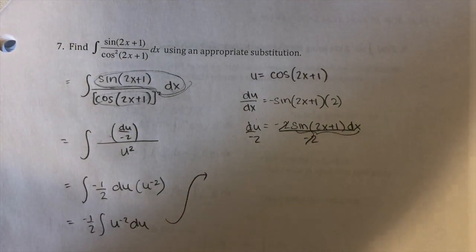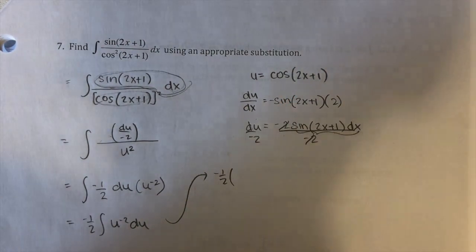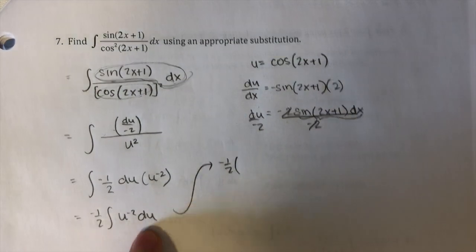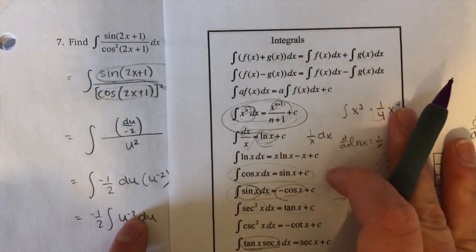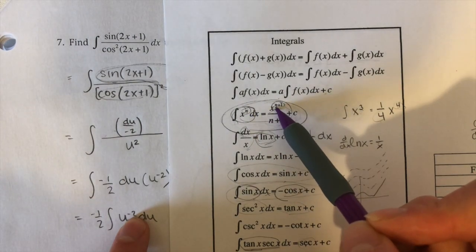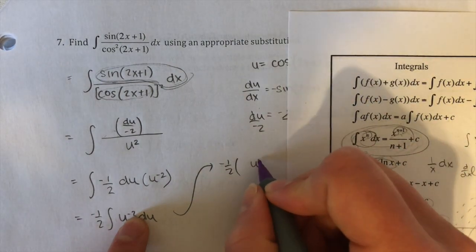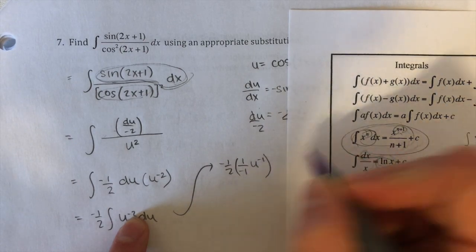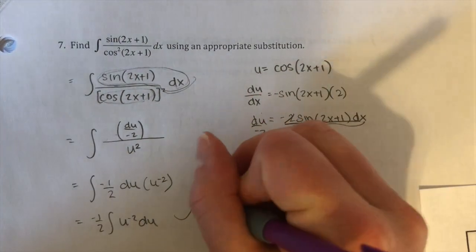So if we do the integral of that, that negative 1/2 is going to stay out in front. We're going to have, so this is this rule here, okay, so a u to the negative 2, if we're integrating that, we're going to have u to the negative 2 plus 1, which is u to the negative 1 over that negative 1, and then plus c.